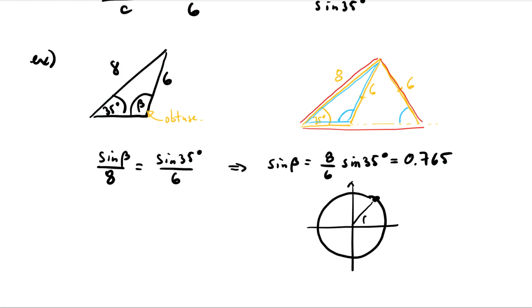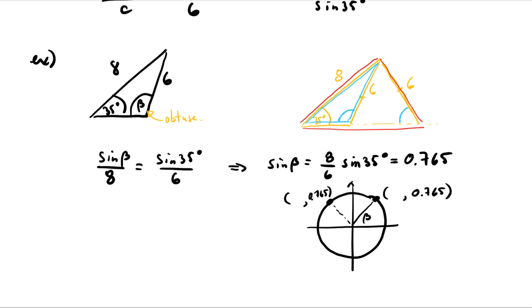So beta could be here, so that its y coordinate is 0.765. Y being positive, it makes sense. But there's also another angle here, and you can see that's the obtuse angle we're looking for, which also has a y value of 0.765. So that's the angle we want.